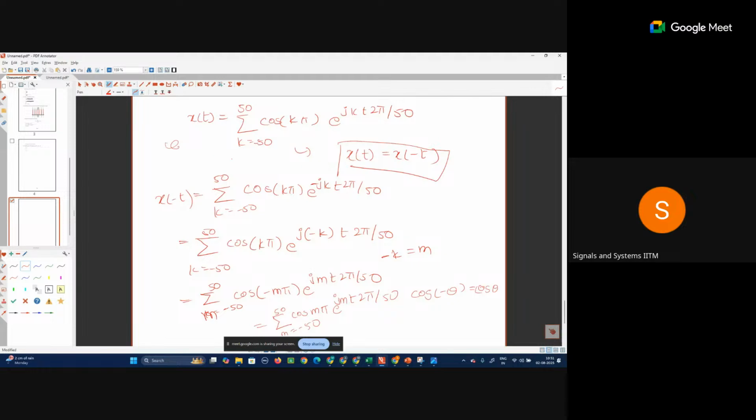If you compare this, other than the constant, everything is the same as x of minus t. Are you clear? Yes. We just changed from k to m, and we are getting the same thing.